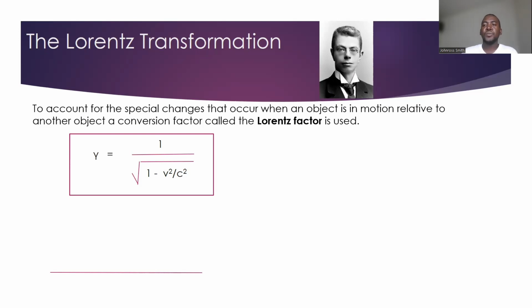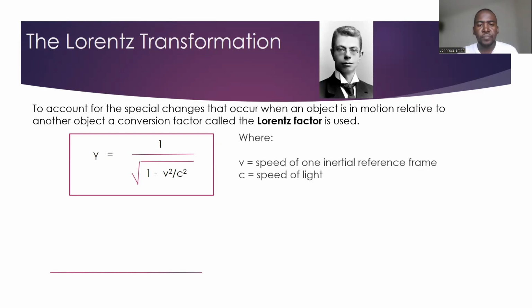And therefore, to account for this, Lorentz has this factor that will help us to understand better what is happening. He uses the symbol gamma, which is the Lorentz factor, which is 1 over the square root of 1 minus v squared over c squared. And v represents the speed of one inertial reference frame, and c represents the speed of light.